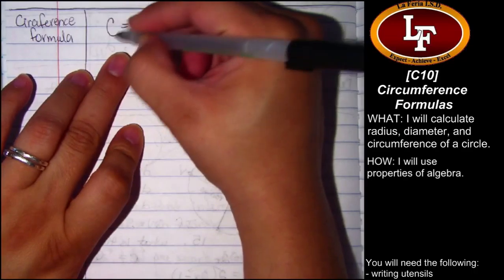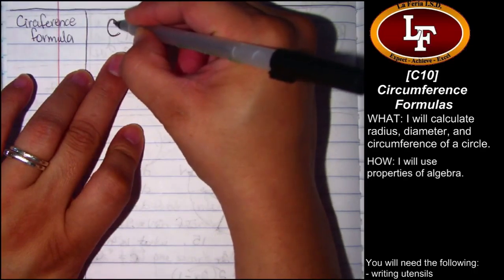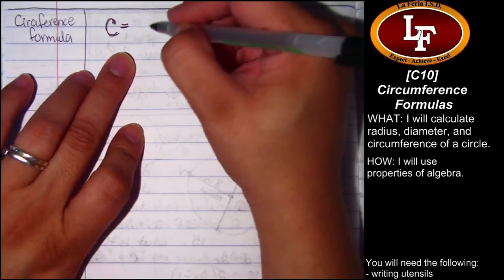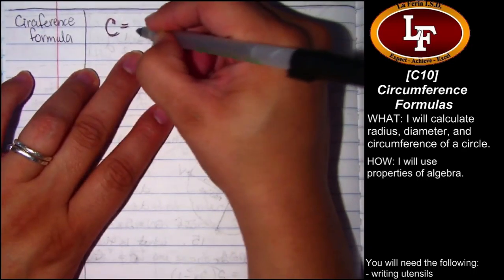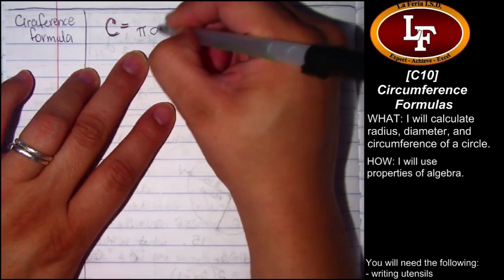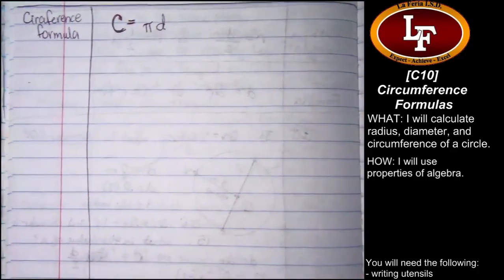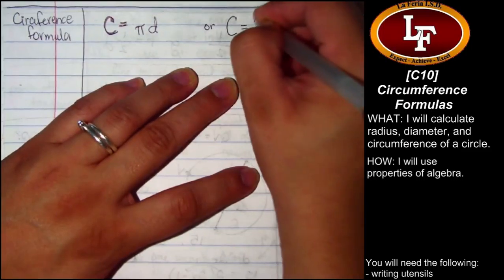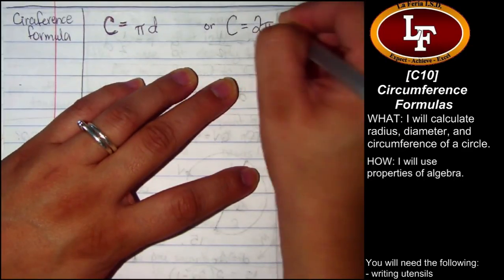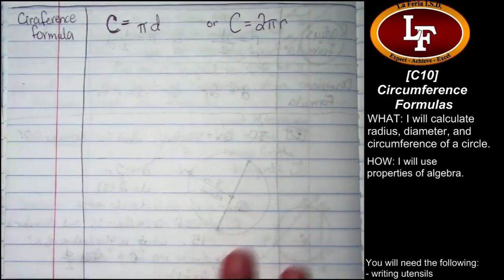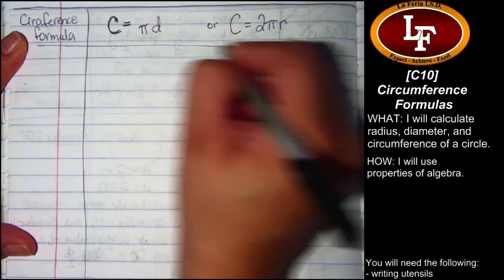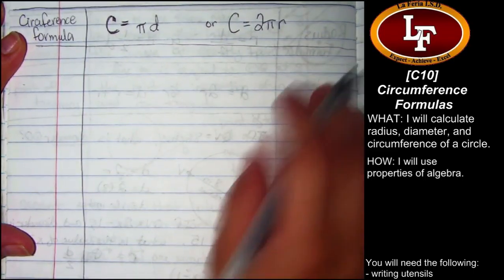The circumference of the circle, again, we're going to be using this capital letter C. So circumference, the distance around the circle, capital C, is given by taking this number pi and multiplying it by the letter D, which is going to be the diameter of our circle. Or if we're given the radius, we can say that it is 2 times pi times the radius. So both of these formulas are definitely valid formulas to use. And these are the ones we're going to be using to calculate our circumference.